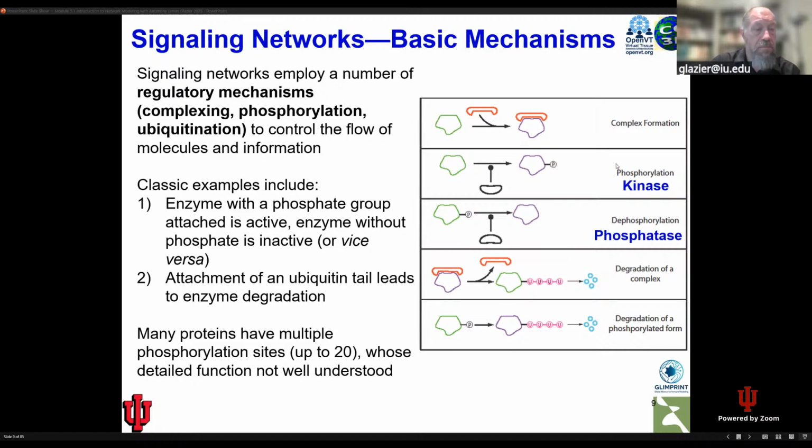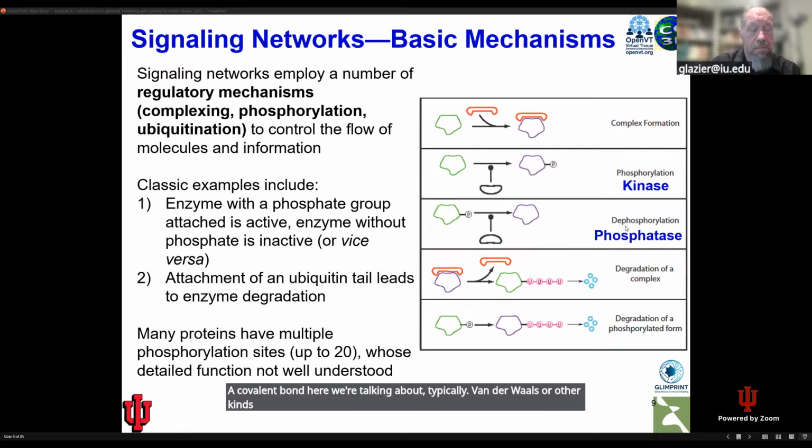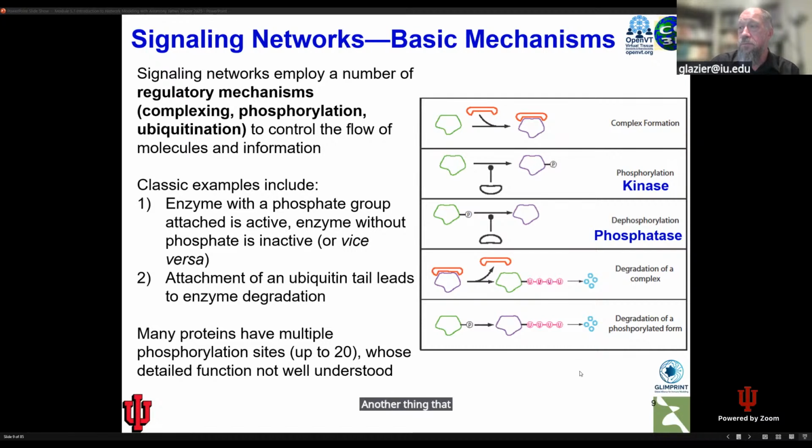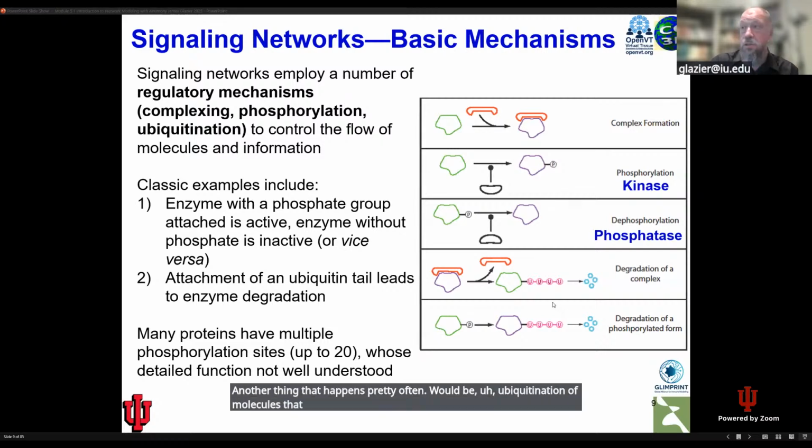Complex formation is a little bit like chemical reaction, but we're not talking about a covalent bond here. We're talking about typically van der Waals or other kinds of reversible binding between molecules. Another thing that happens pretty often would be ubiquitination of molecules that marks them for degradation.